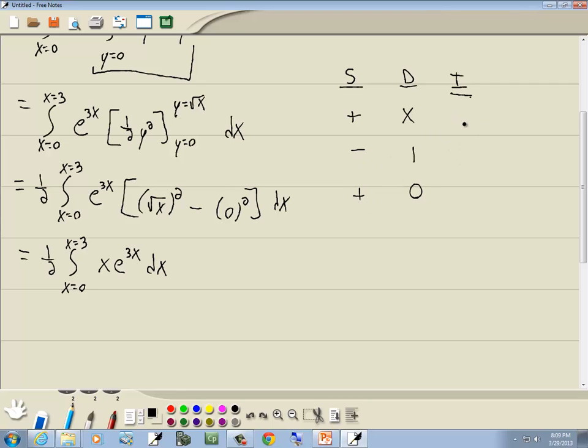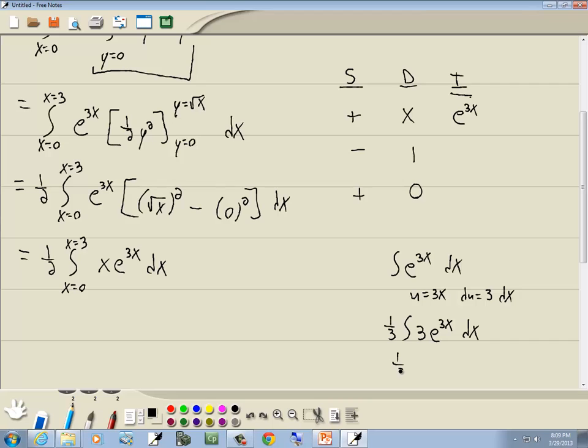And here we're going to have e to the 3x. And again, what we're doing there is taking the integral of e to the 3x with respect to x. Well, this would be the U-substitution. We would set u equal to 3x, du would equal 3 dx. So we need a 1/3 out in front and put a 3 inside.